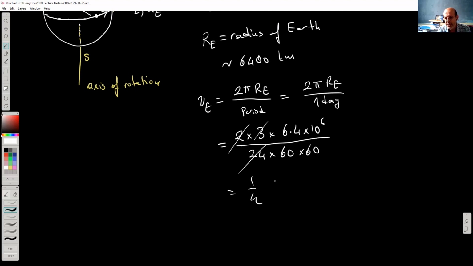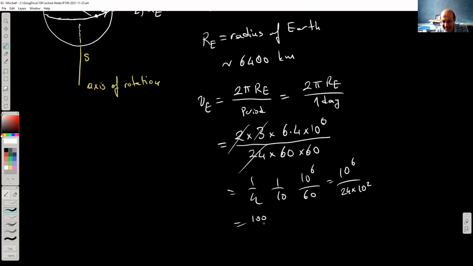That's also going to give me about 1/10. And then we have 10 to the 6 divided by 60. So what I get is like 10 to the 6 divided by 24 times 100. So 1/24 is about 100 divided by 4. I'm just doing some quick calculations in here.